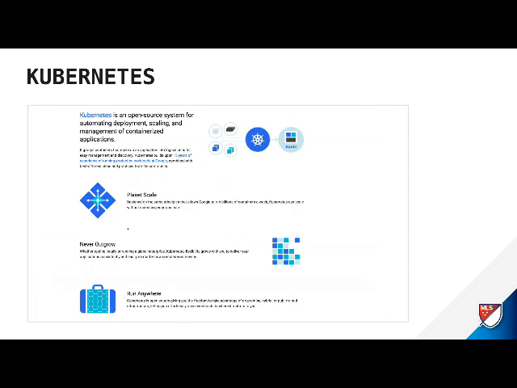Then you could be using something like Google's Kubernetes. Essentially, this is what we're running at Major League Soccer. It's very powerful, basically a deployment scheduler and manager for containers.